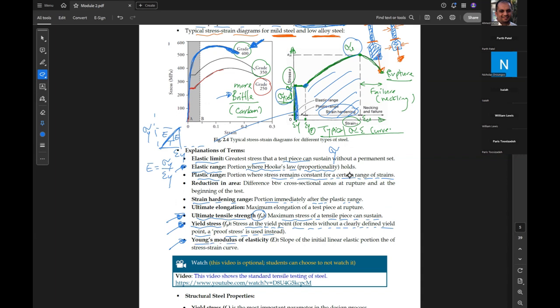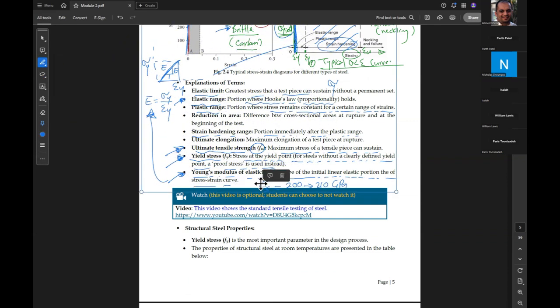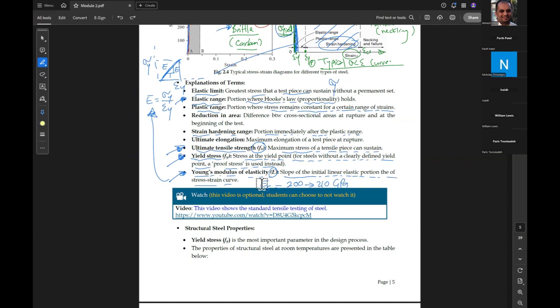The Young's modulus or modulus of elasticity E is the slope of the initial linear portion of the stress strain curve, which is here. Also, for your information, E is a constant for steel, and it is around 200 to 210 gigapascals.